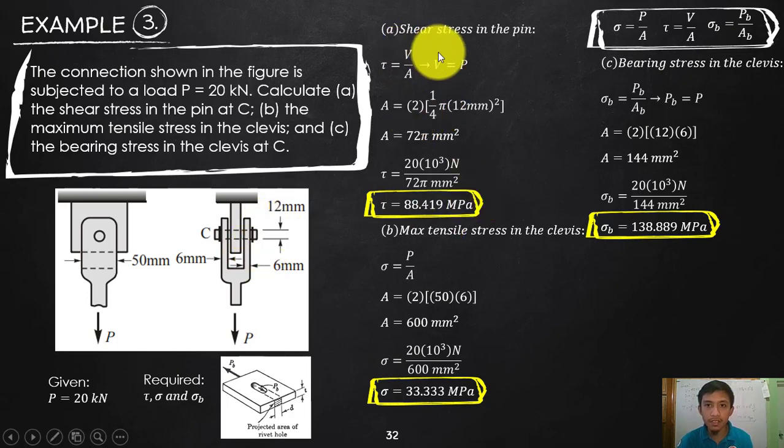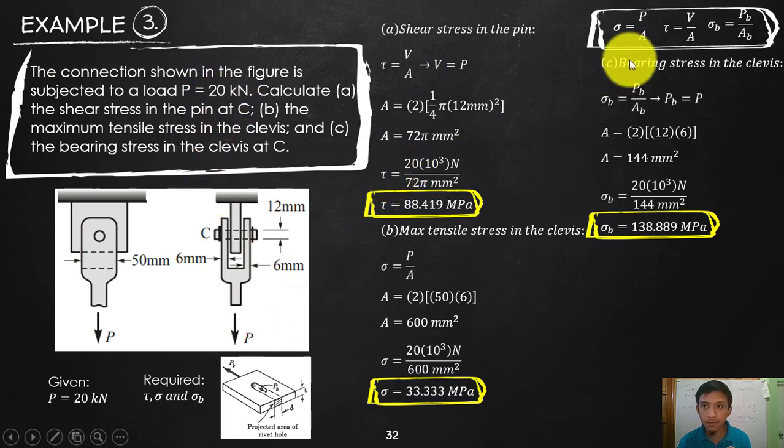So the area for that shear stress is twice, since there are two areas that will fail within your pin. The area there is pi over 4 diameter squared. The diameter of that pin is 12 mm, so that will be this area, 72 pi as a whole number. And then the force P is given to be 20.